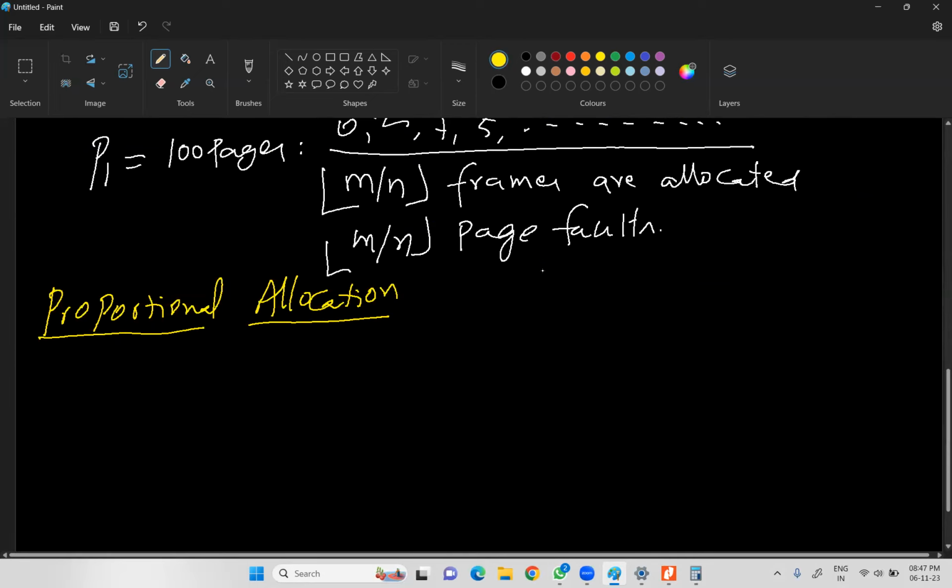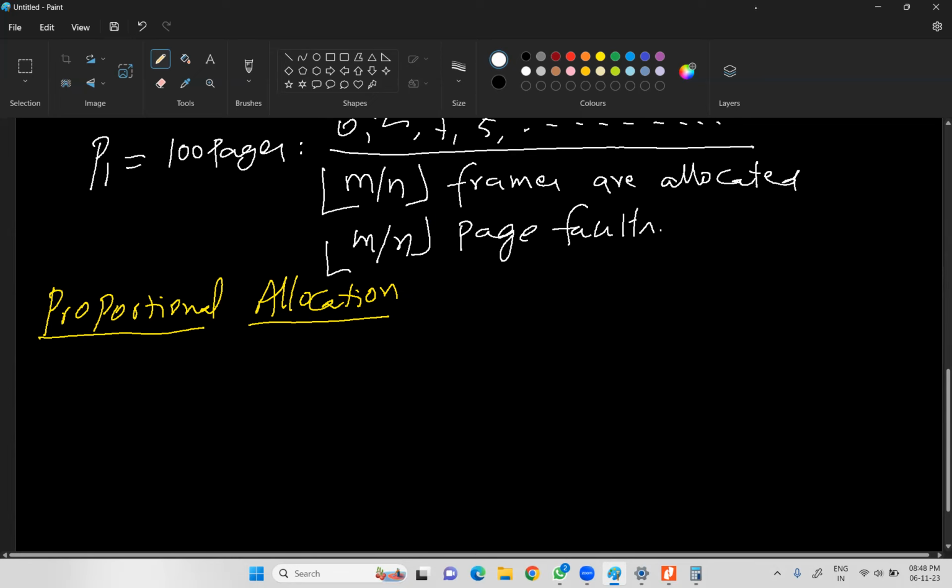It is always concentrated on how much space is required to run the process, not exactly pages. How much space is required to run the particular process. Let me give you one formula, then I'll give you an example.